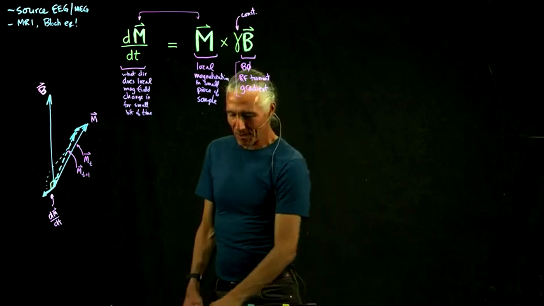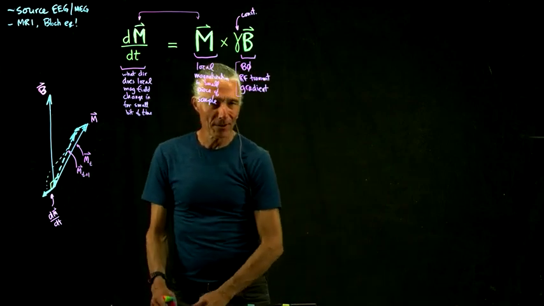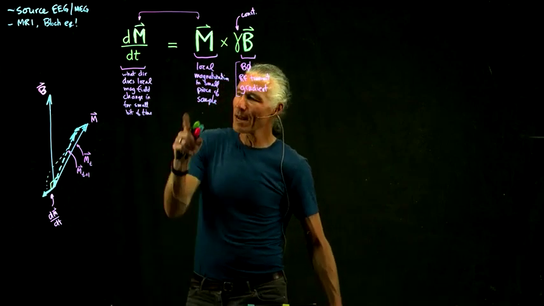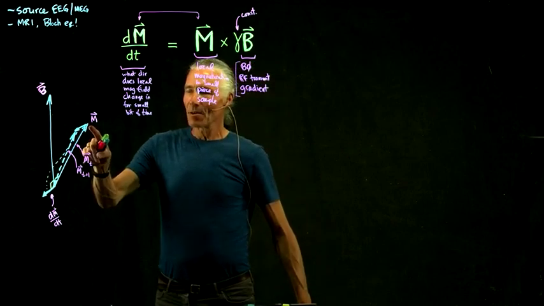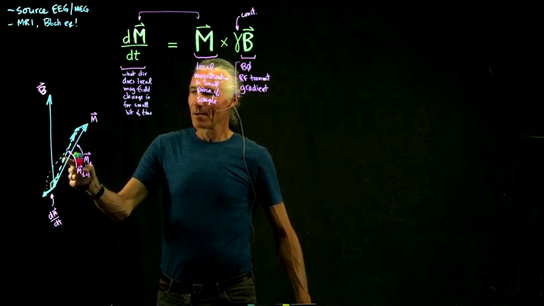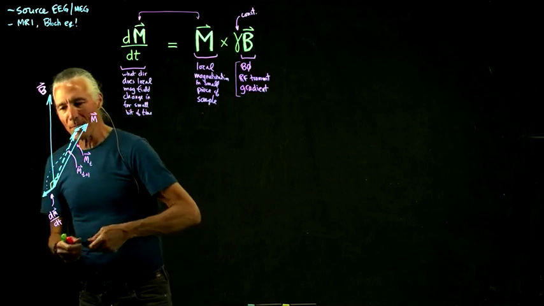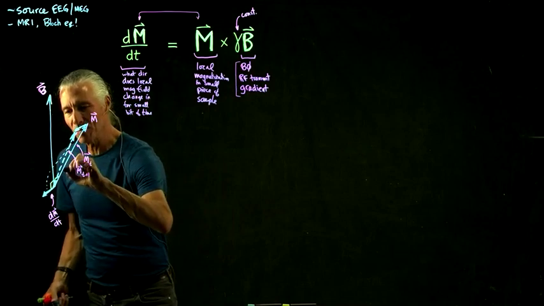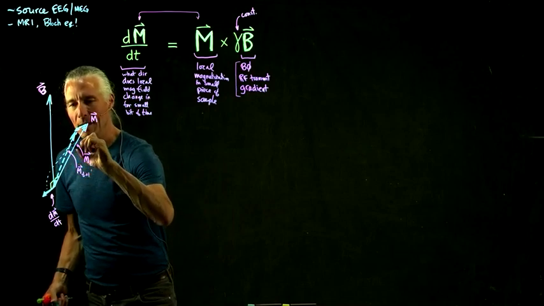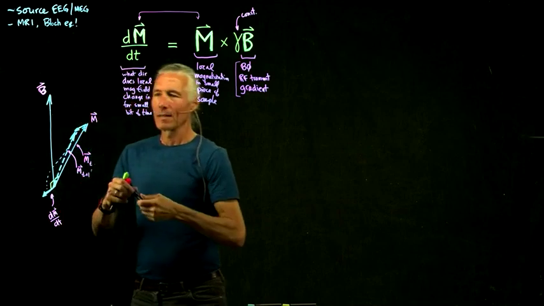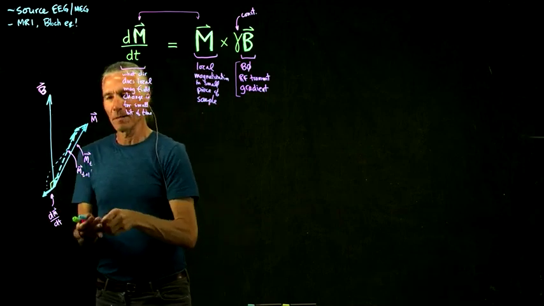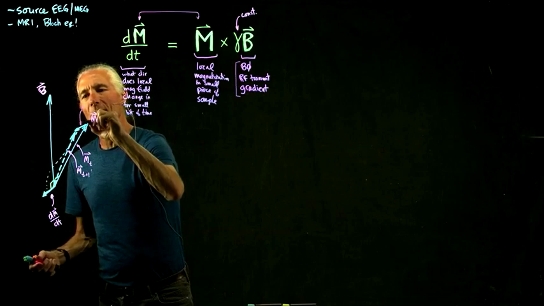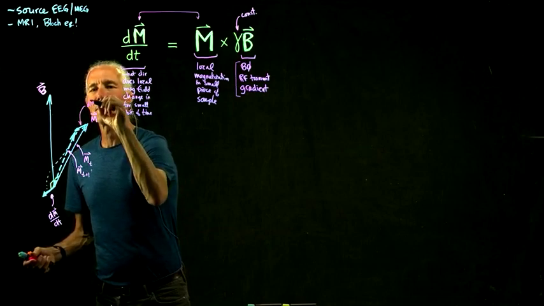Okay, so now this is the differential equation, so you can get the idea of a differential equation. Now we have to do it again. What happens when we do it again? Well, this new M vector has moved a little bit, because we added this little dM/dt on top of it.